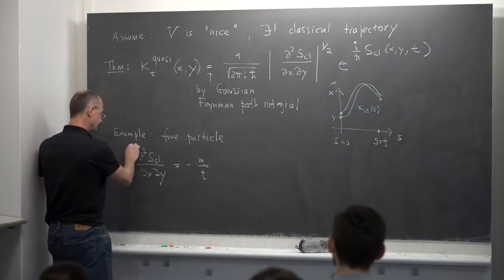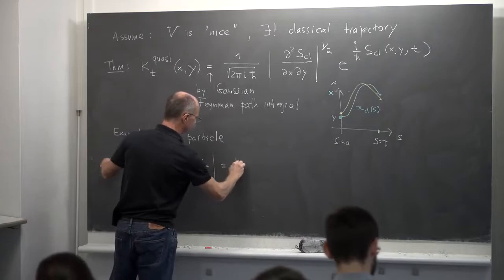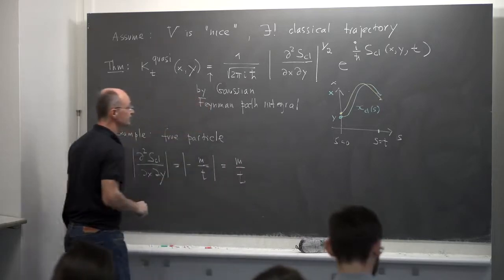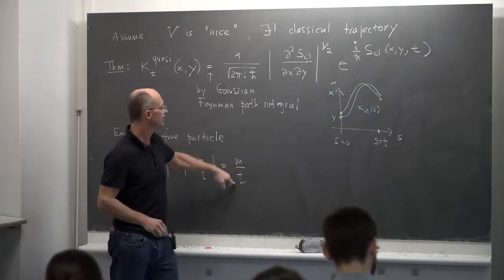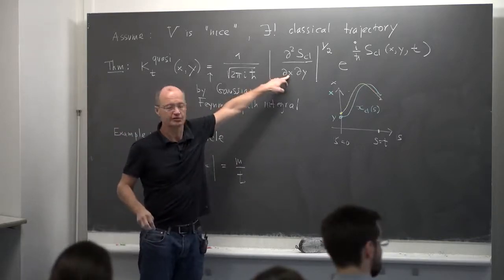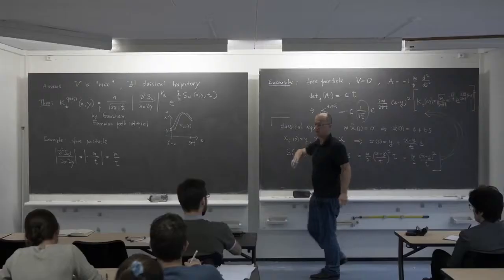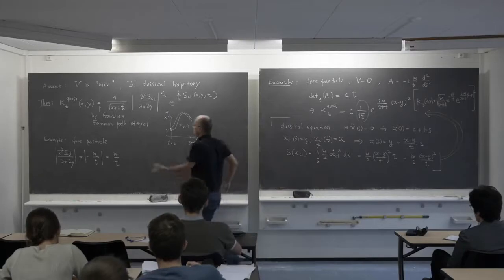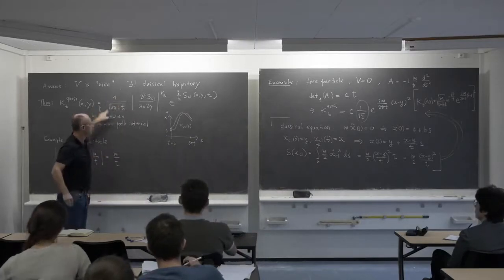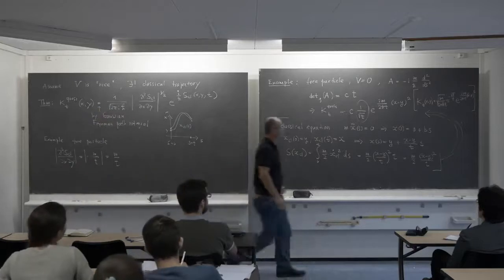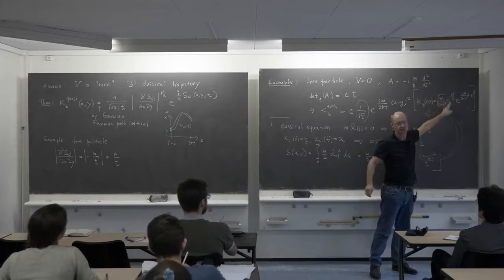And the absolute value will be m over t. So we are neglecting the constants, and then we correctly get 1 over the square root of t that we were getting here. This time we even get correctly the whole thing, right? So the square root of m will combine with this expression to get the right formula.